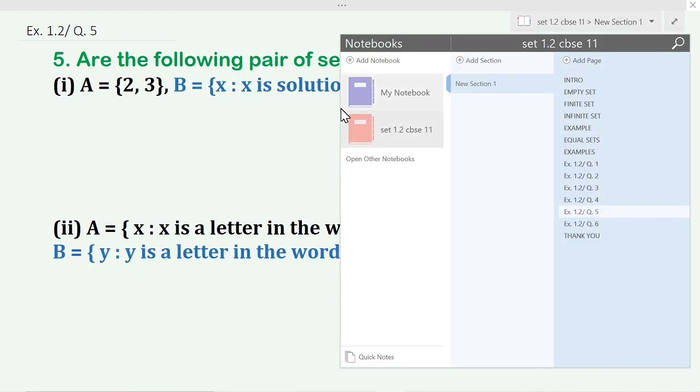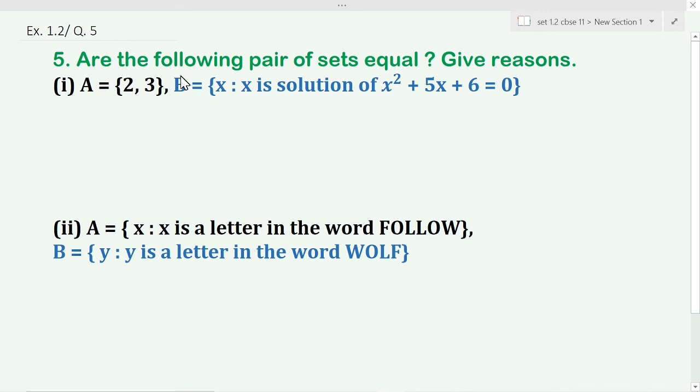Now question 5, are the following pair of sets equal? Give reason. Now here A equals 2, 3, it is given. We have to find the elements of B. Now x such that x is a solution of this equation. So first of all you have to solve this.